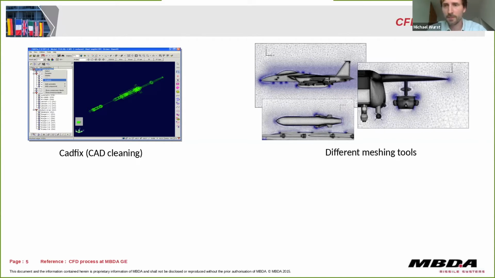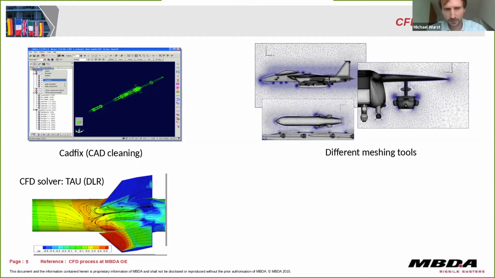For example, if we only want to change the rudder deflection of a missile, like here, we can do this in CutFix quite easily, and then just change the name of the input file in the meshing script and remesh our missile.